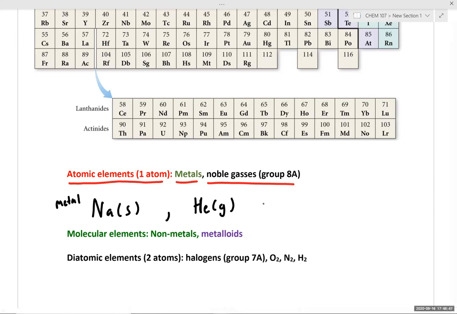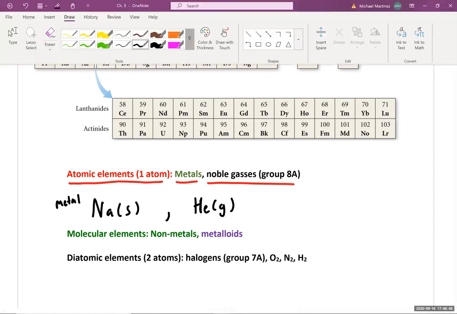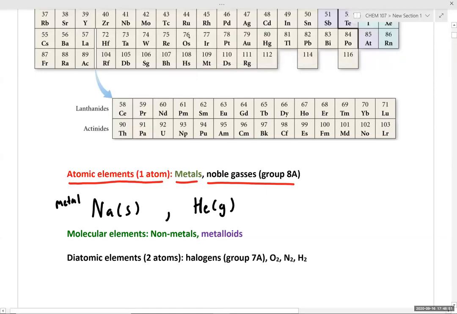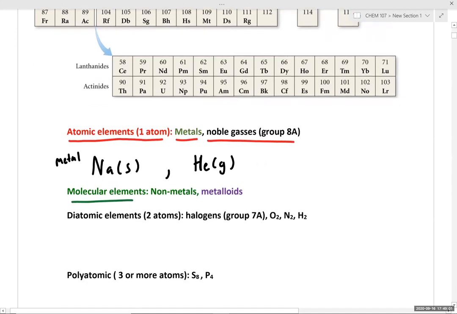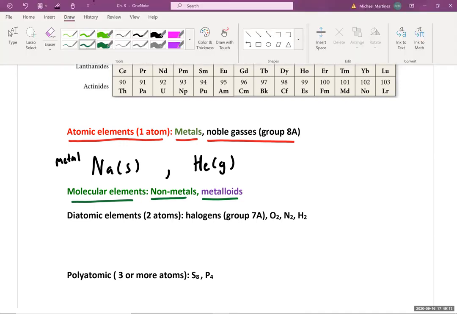So the other type of species are molecular elements. If you have a question, don't be shy to unmute and ask. Our molecular elements consist of our nonmetals and metalloids, and can be broken into two categories.